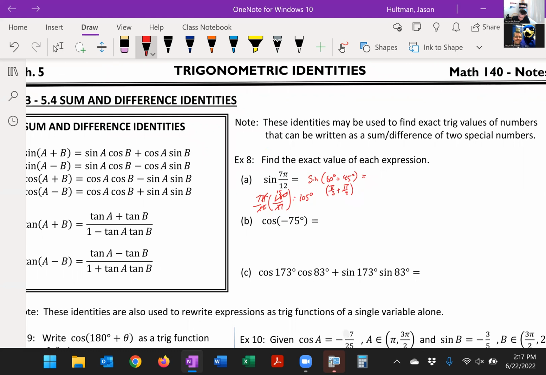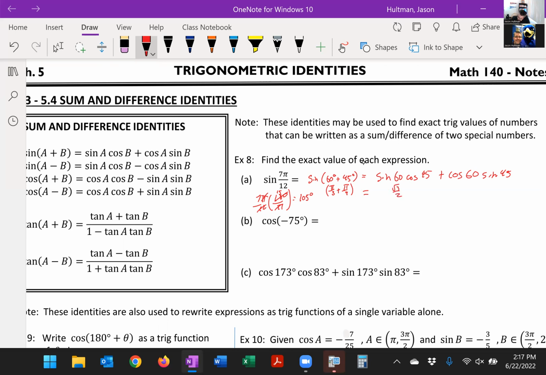So this is going to become sine of 60 times the cosine of 45 plus the cosine of 60 times the sine of 45. Okay. So this is going to be equal to the sine of 60 is radical 3 over 2, I believe.